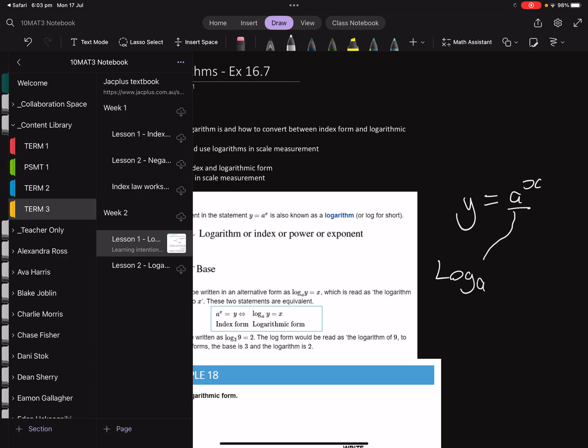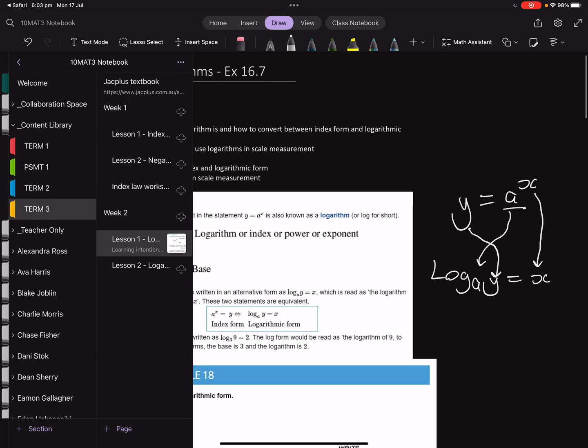Then what's the next value that we're going to bring down? Our y. So these are going to swap. Log base a of y is going to equal our x value. And vice versa. So you can do this opposite ways, whether you're given the log equation or the base equation.